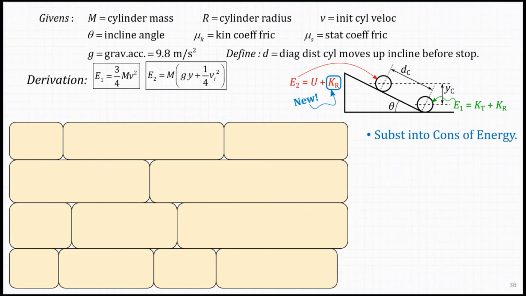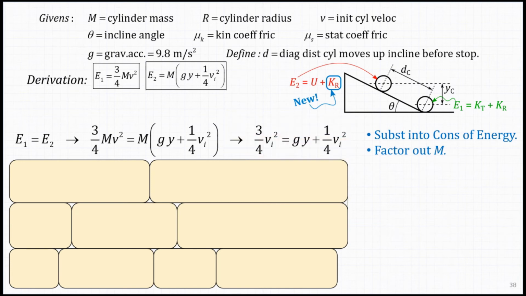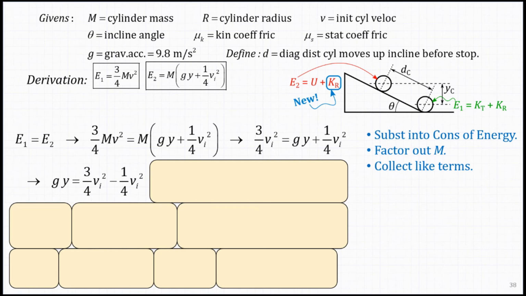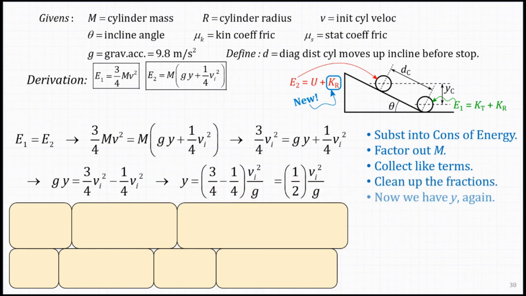Now let's substitute these into conservation of energy. This is what we did before, but now we have that new term for E2. We factor out the m, we collect like terms, we clean up the fractions, and now we have y for the slipping case.